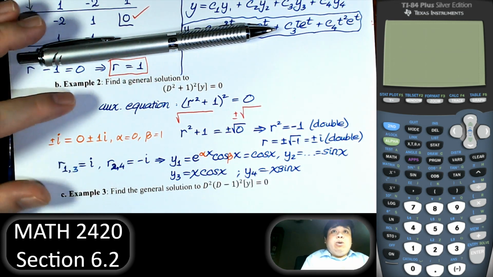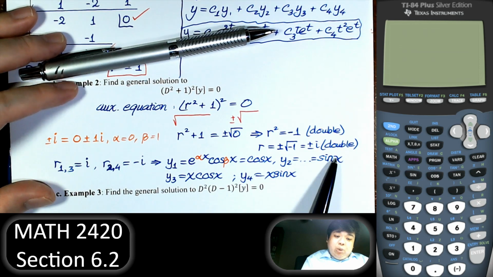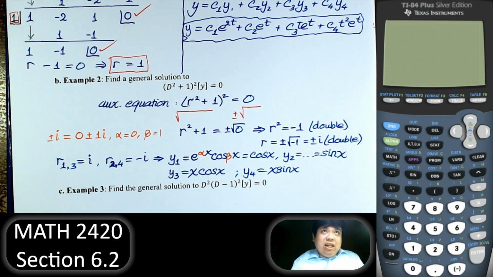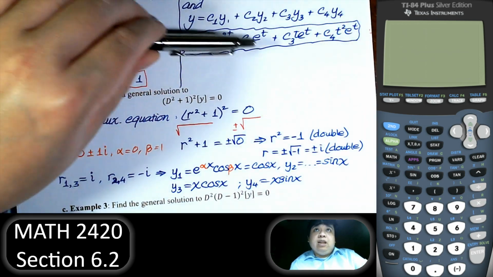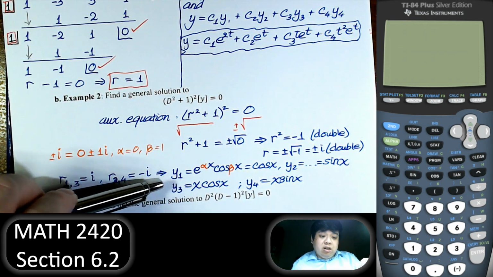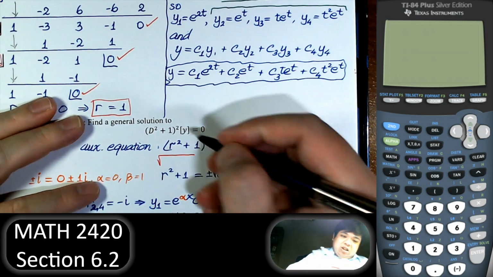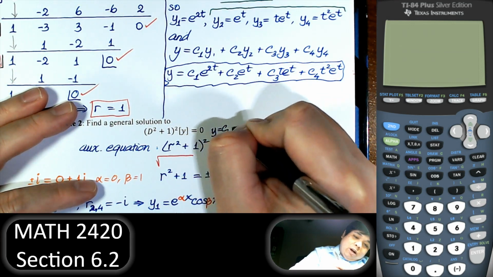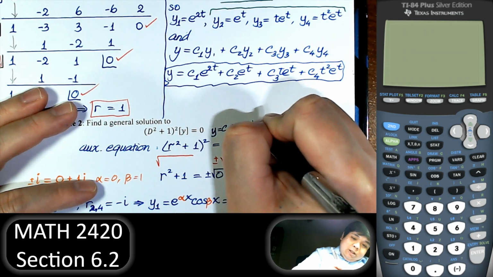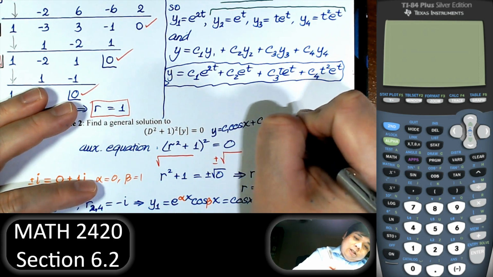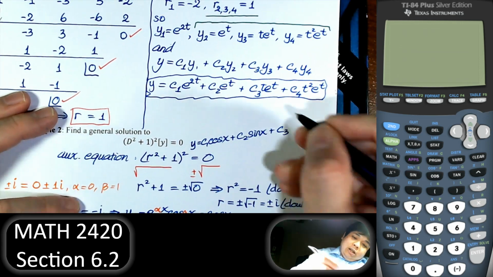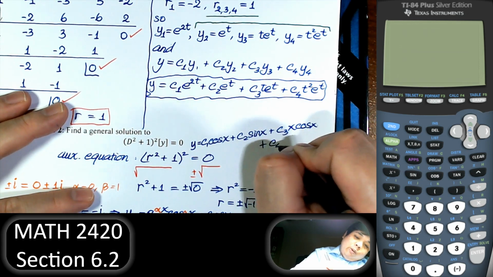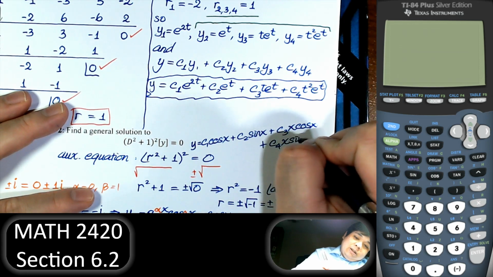So y1, y2, y3 and y4, we have 4 solutions here, and the linear combination of them is the solution. I'm running out of space, but we have those solutions. Let's just write here y equal to c1 cosine x, c2 sine x, c3 x cosine x, and then c4 x sine x.